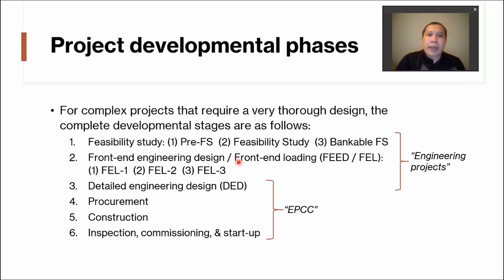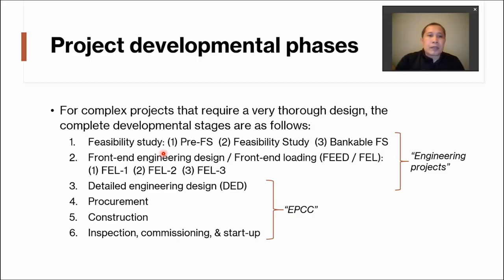Those developmental stages are: one is feasibility study. And again, this is not an exact science, so some organizations or some references might have different terms, depending on the organization doing the development. Typically, a feasibility study can involve a preliminary FS, the FS itself, and also a bankable FS.